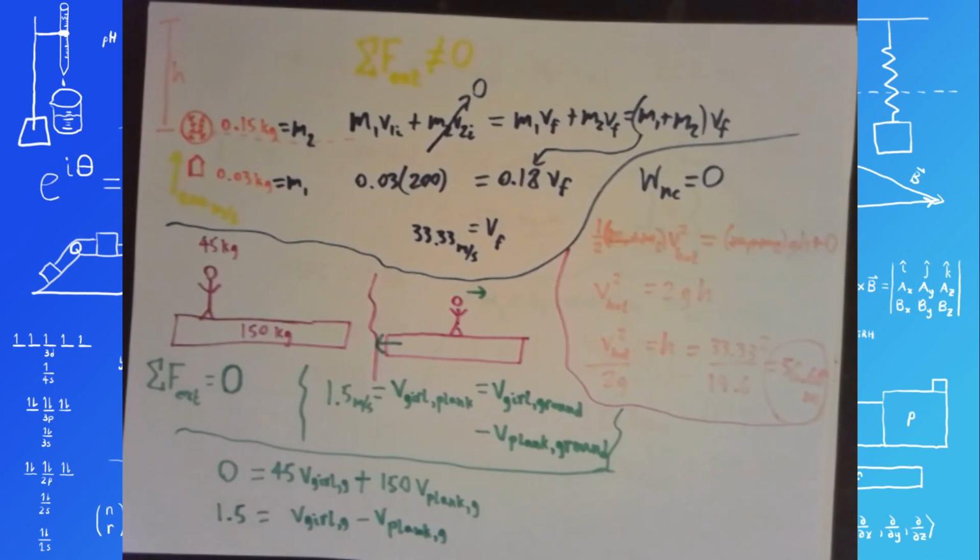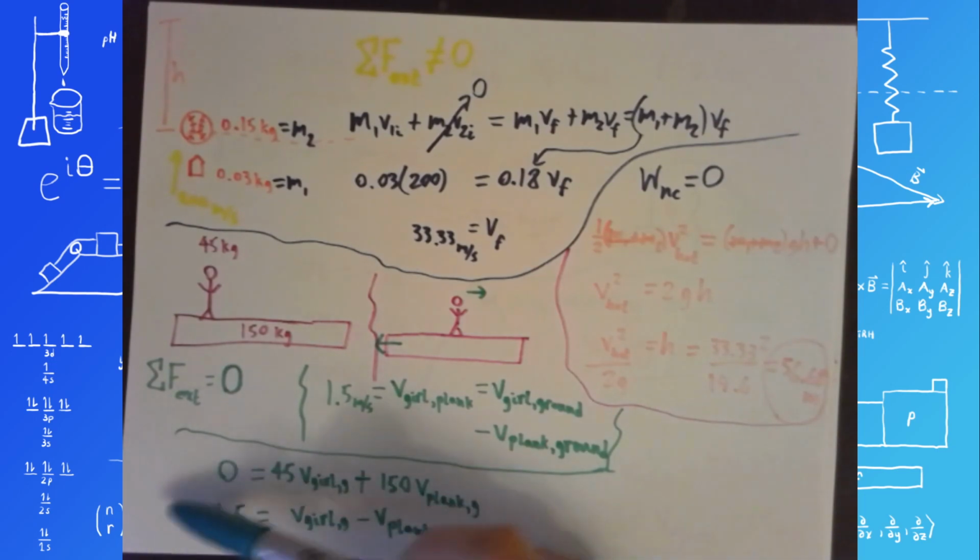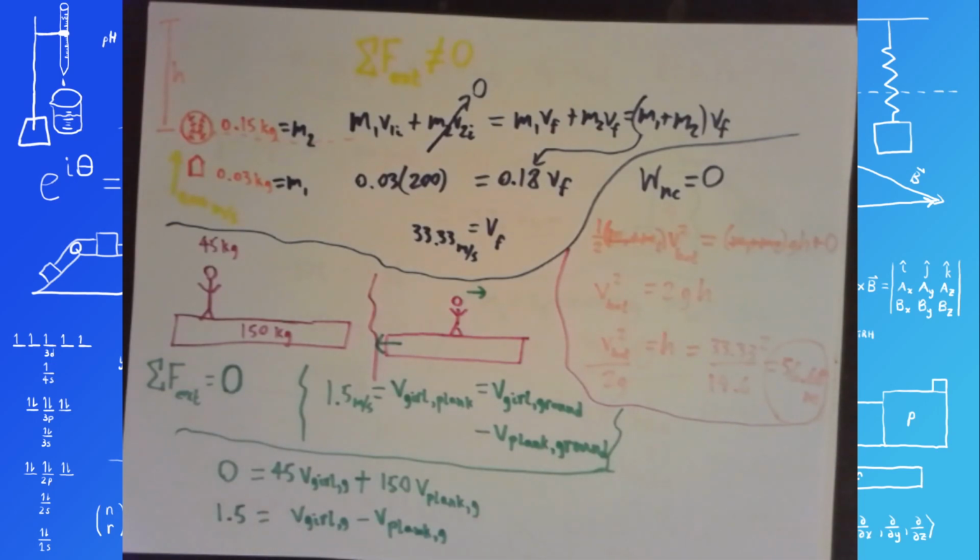Let's see, do I want to use elimination or substitution in this case? If I multiply throughout by 150, I guess I could use elimination. Yeah, let's go ahead. We rarely get to use elimination anyway. Might as well take the opportunity. So I'm going to multiply everything by 150.